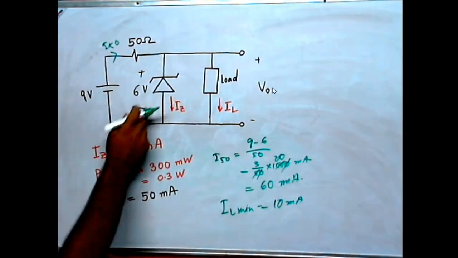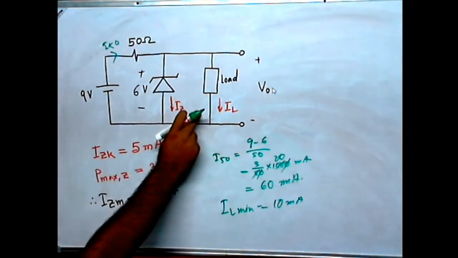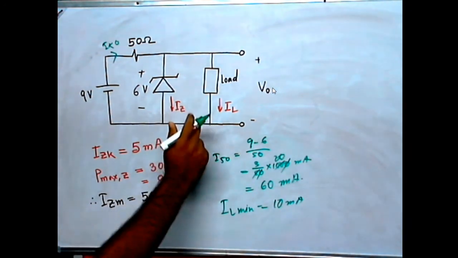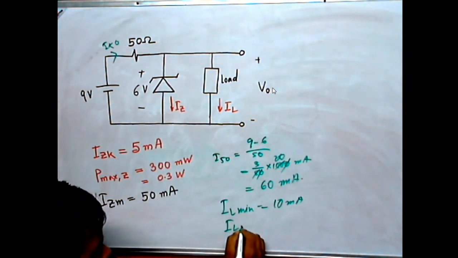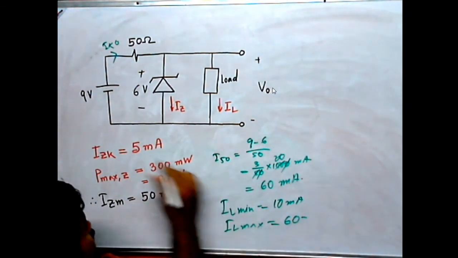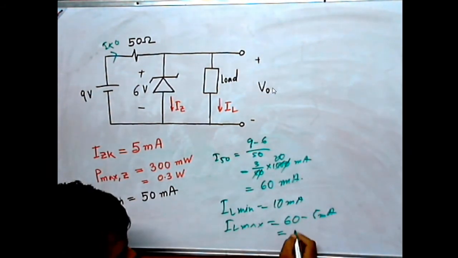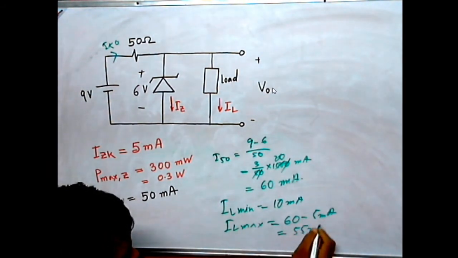Now when this Zener diode is consuming the minimum amount of current, that time the load is consuming the maximum amount of current. Then IL max is the total current 60 minus this 5 milliampere. So this is 55 milliampere.